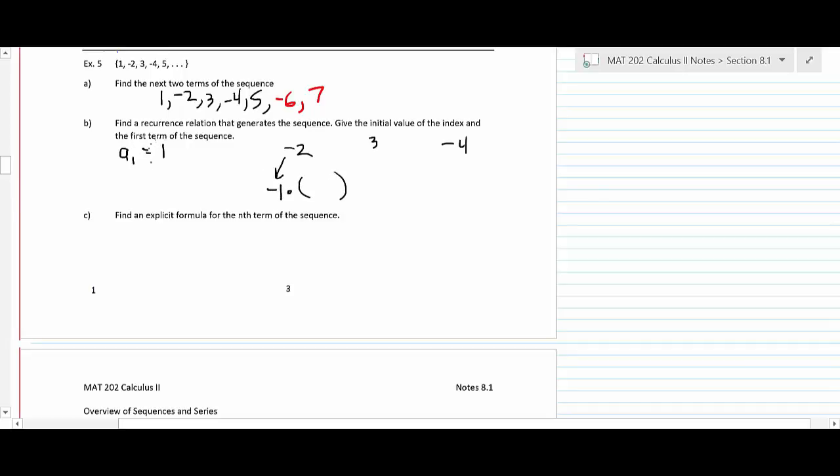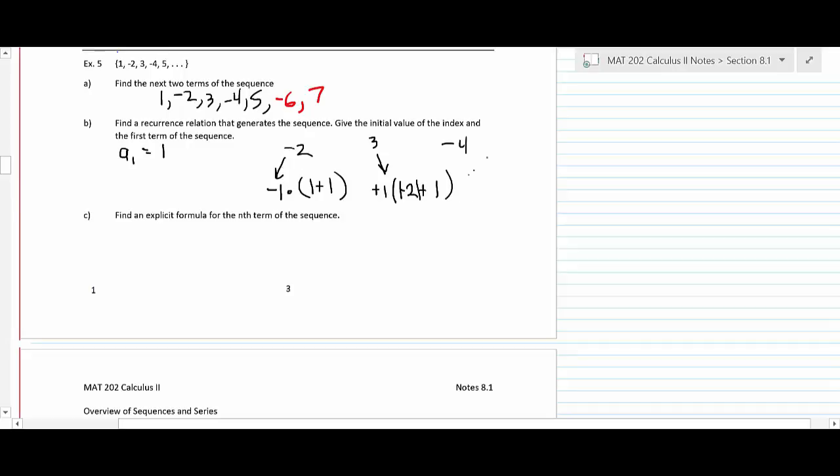And then it's taking this previous term, and of course it's adding 1 to it. You can tell it's going up by 1.